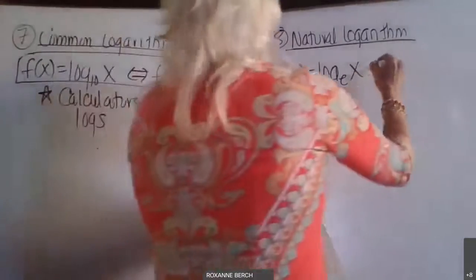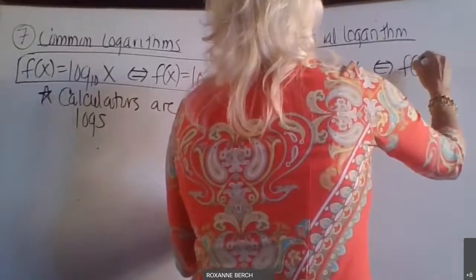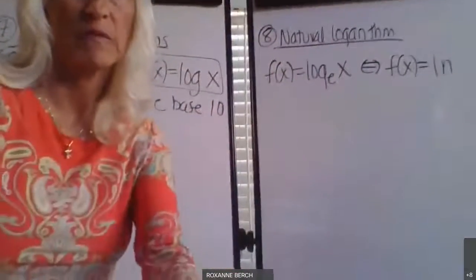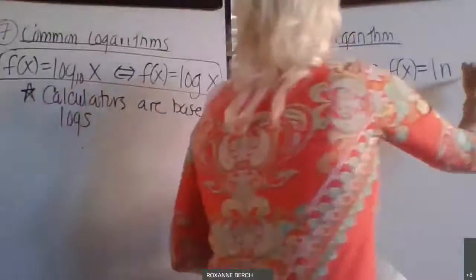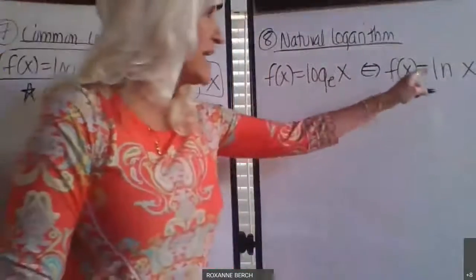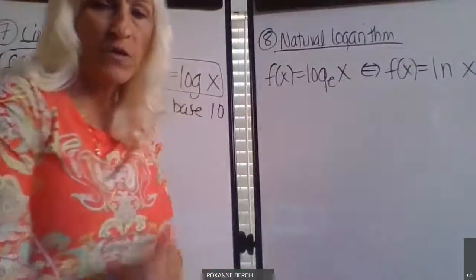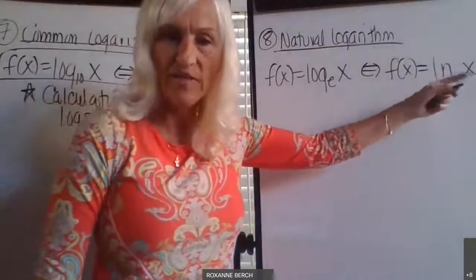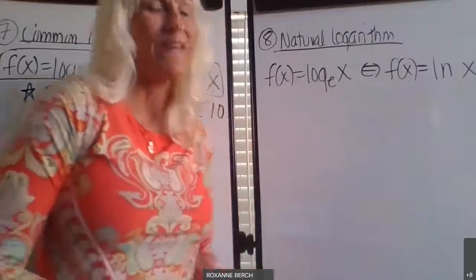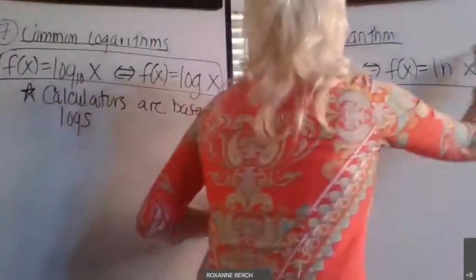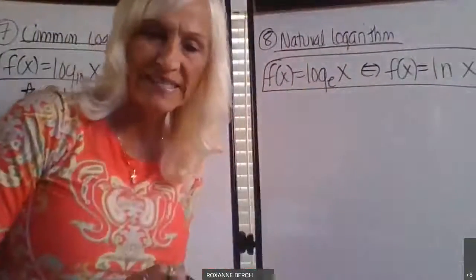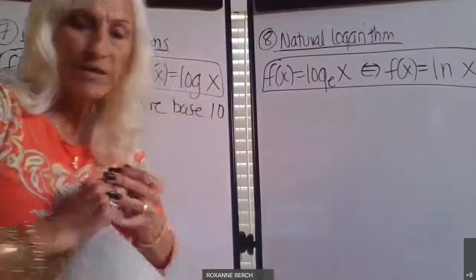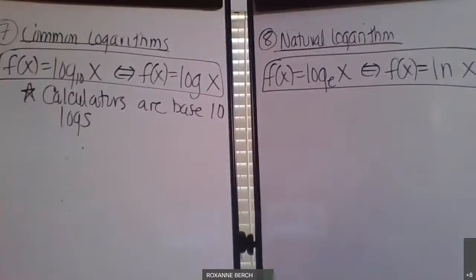What you're going to see is this: ln of x. But let me assure you, this means log base e. So the way you read this, you say the function f of x is equal to the natural log of x, but just know that it means log base e. And remember, e is that number 2.7, remember on the calculator? 2.7. So let me show you a graph of that.